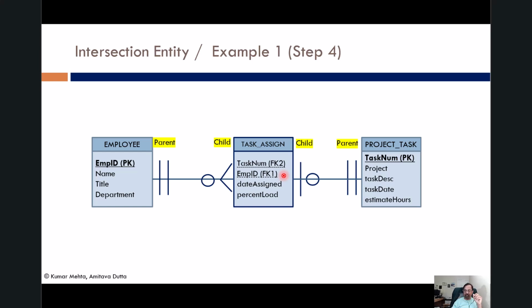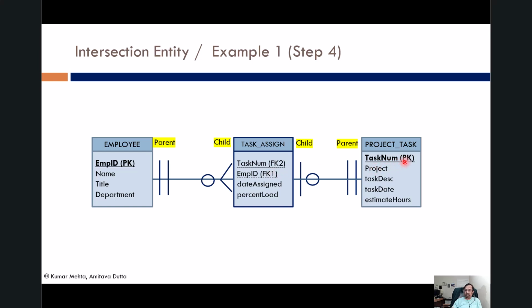One thing of interest is that one employee could be assigned to at least 0 project tasks, and at most many. Since an employee need not be assigned to any project task, this employee ID could be null. You must allow for the fact that this employee ID could be null, so they're not assigned to any particular task.